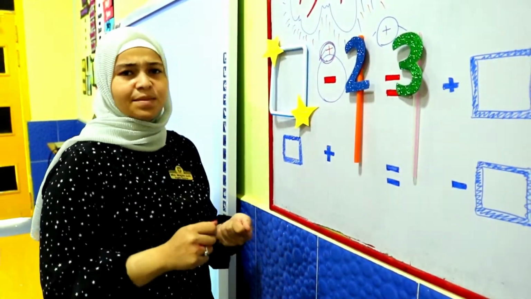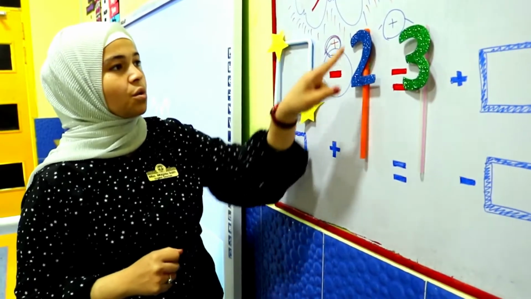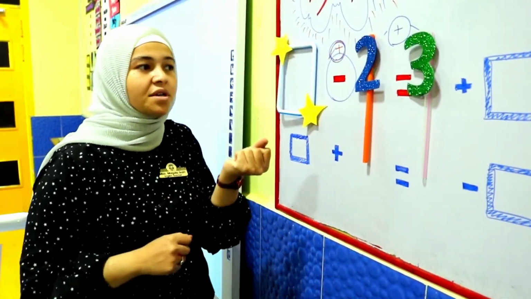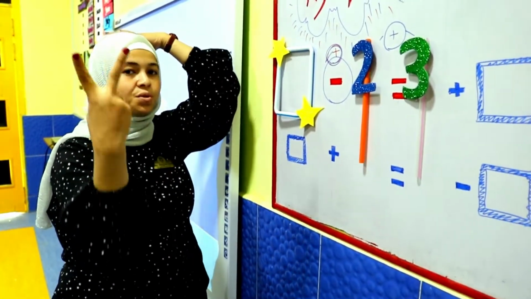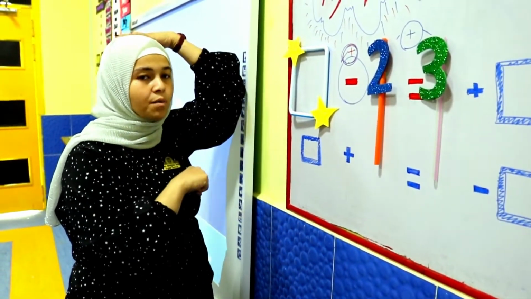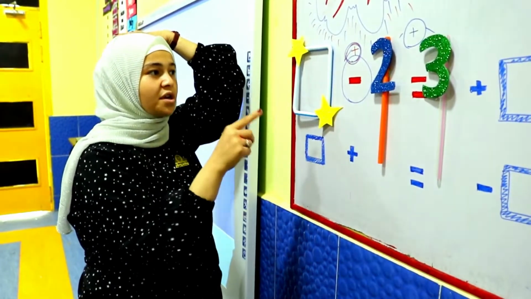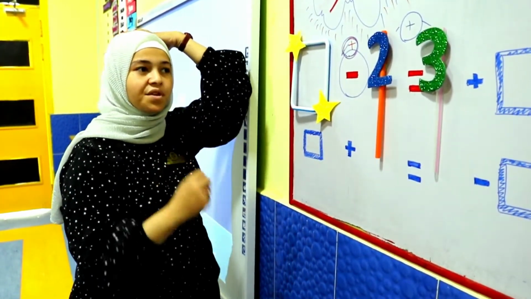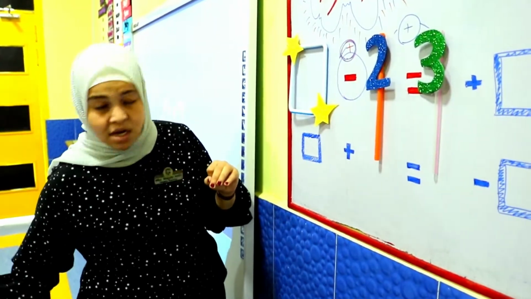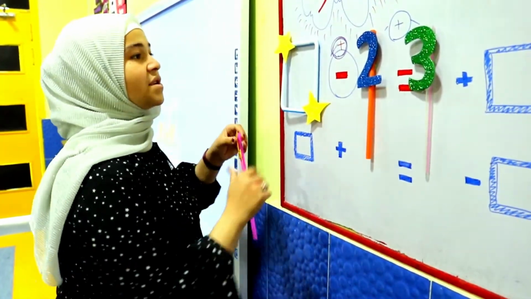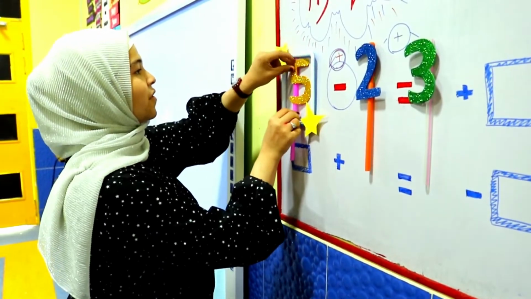I'll solve it as plus. So 2 plus 3 equals, with the bigger number in my mind, 3, and the smaller number on my fingers, 2. And count after the bigger number to find out the result. After 3, 4, 5. So here the equation, the result will be 5.